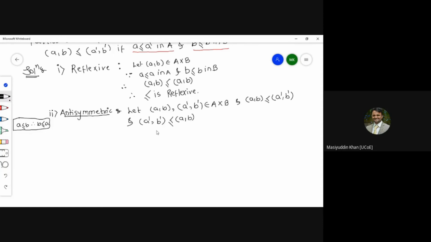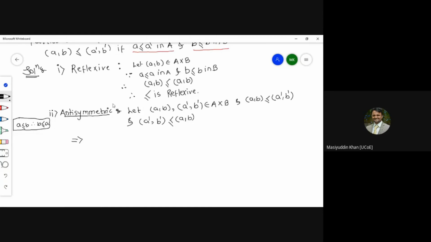So we have to verify and justify this, proving one by one according to the given condition. What is the given condition? a ≤ a' in A and b ≤ b' in B. By using that concept, we have to utilize this.